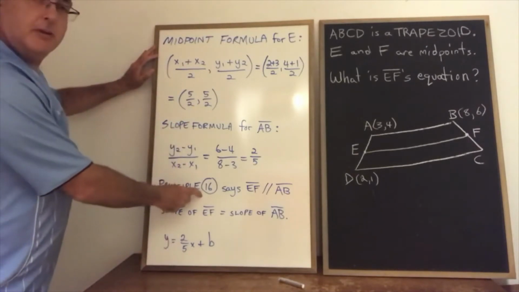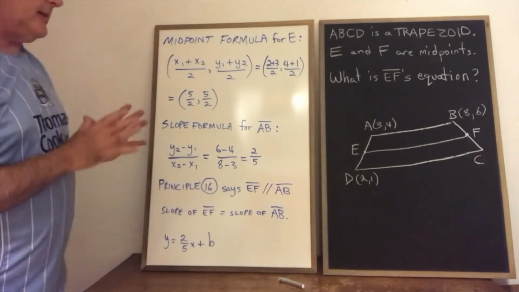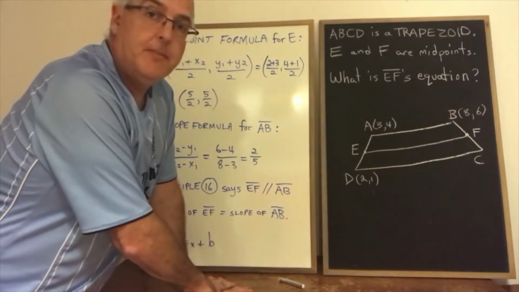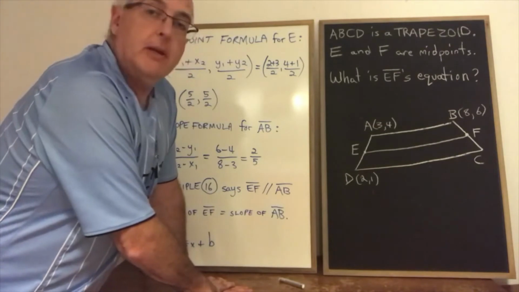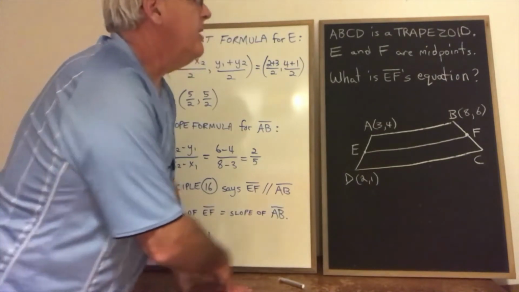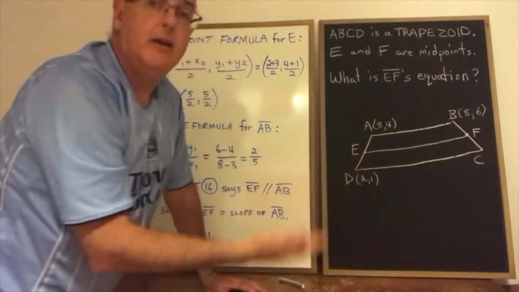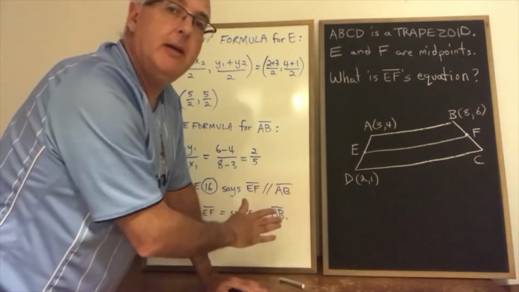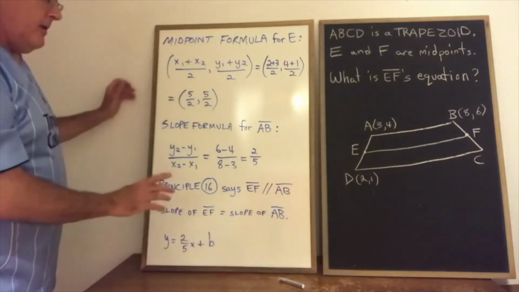Then I use principle 16. Principle 16 says, if you have a trapezoid, the line segment connecting the two midpoints of the non-parallel sides of that trapezoid has to be parallel to the bases. That's very useful right here.